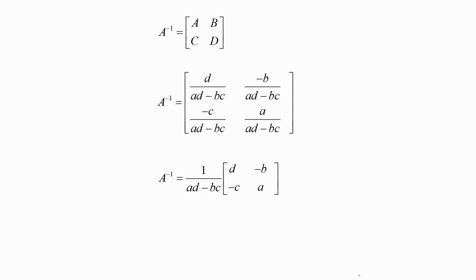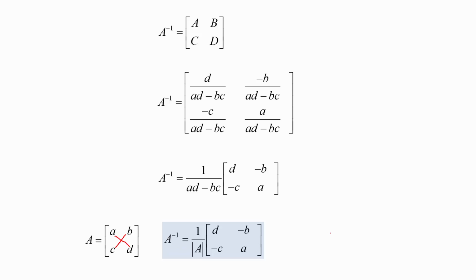And taking out a common factor of AD minus BC, we have our expression for the inverse matrix A. And replacing AD minus BC by knowing that that is the determinant of A, there's our final expression for the inverse of A, which is that it will be 1 divided by its determinant times the matrix with elements D, negative B, negative C, A. Do you notice how we obtain these the fast way? The a and the d of the original matrix have interchanged, and b and c have become the negative.